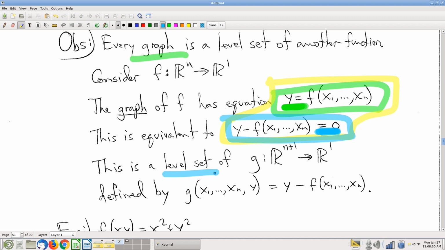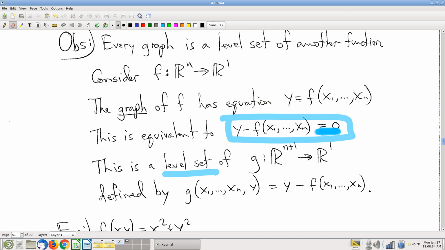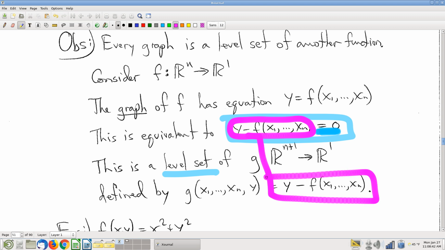Yeah, got something equal to a constant. Now, this something that I'm setting equal to a constant, this thing whose level set I'm talking about, that is now a new function. That's not the same function, f. This has got an extra bit of junk in it. This is y minus f. It's different.